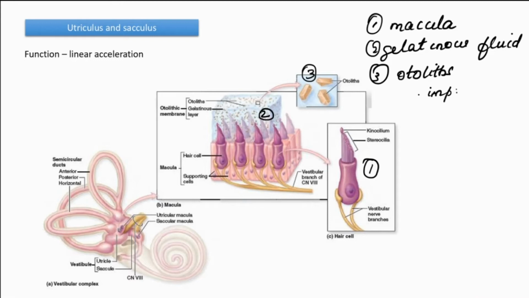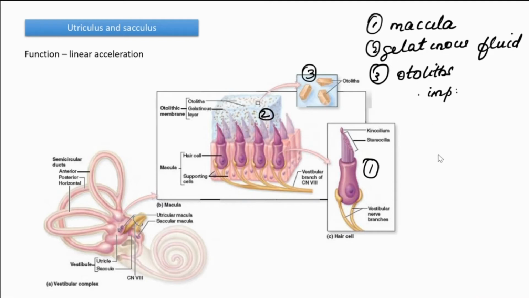As we move our head linearly, these crystals may fall over these hair cells and cause these hair cells to dislocate. And this movement, bending of the hair cell, initiates an impulse on the vestibular nerve and is conveyed to the brain. So that's about the utriculus and sacculus. They sense the linear movement of the head.